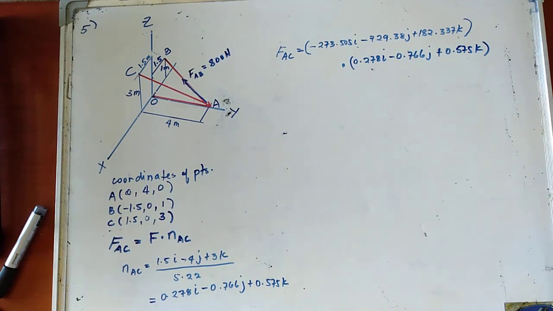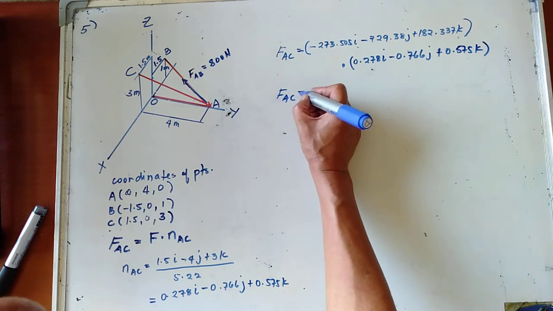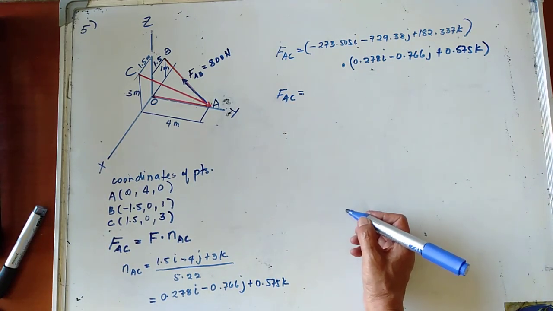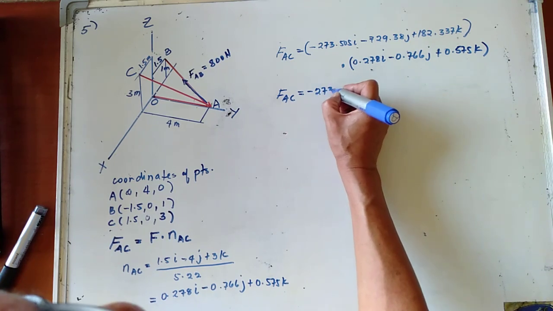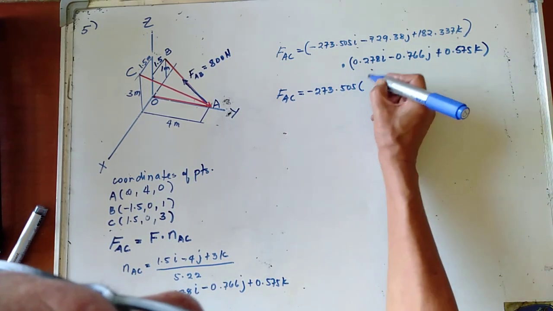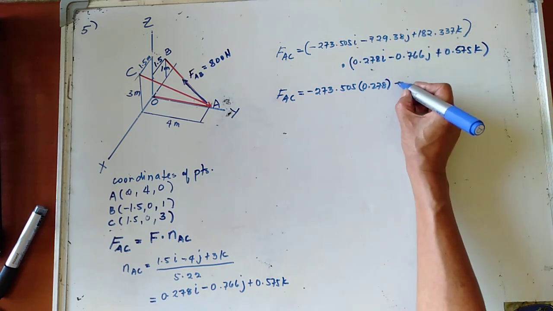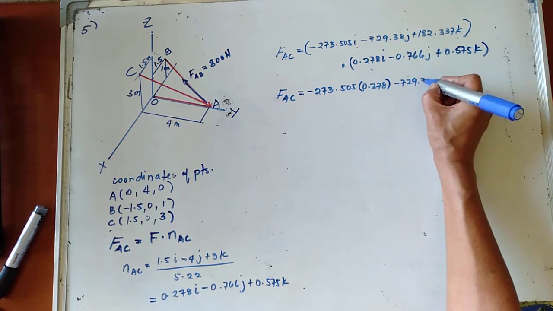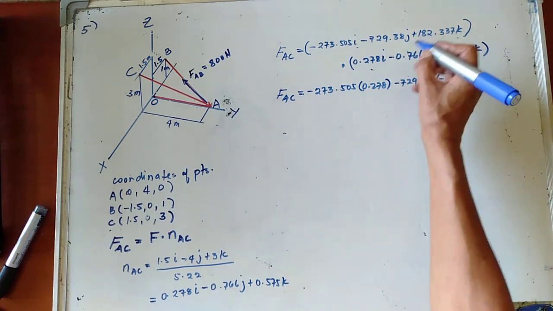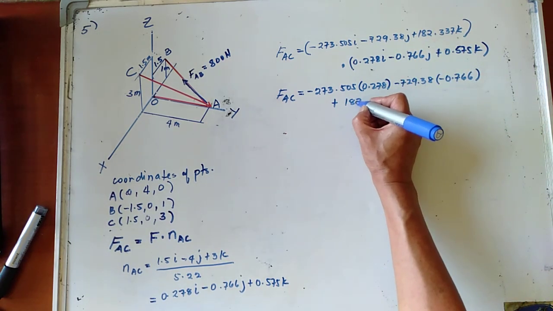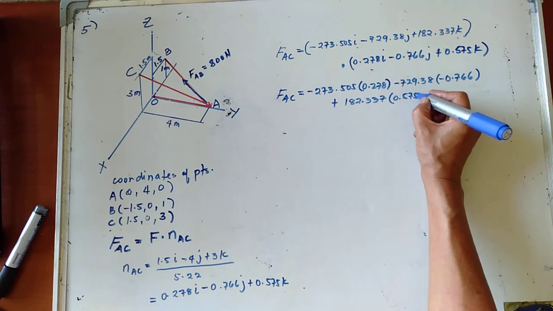So F_AC is equal to negative 273.505 times 0.278, plus negative 729.348 times negative 0.766, plus 182.337 times 0.575.